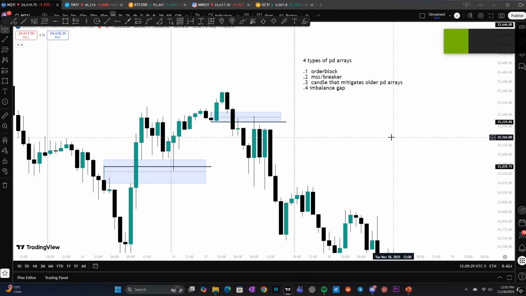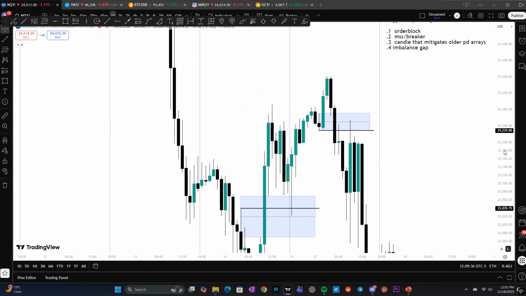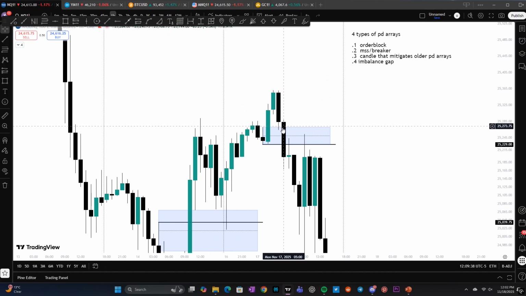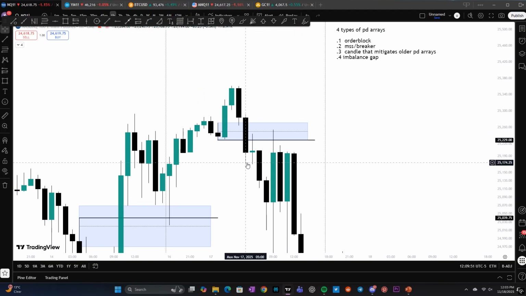The next PD array is the breaker. The swing low that is displaced through is very prominent. This candle that gets displaced through is very prominent. Also, the candle that displaces is very prominent.